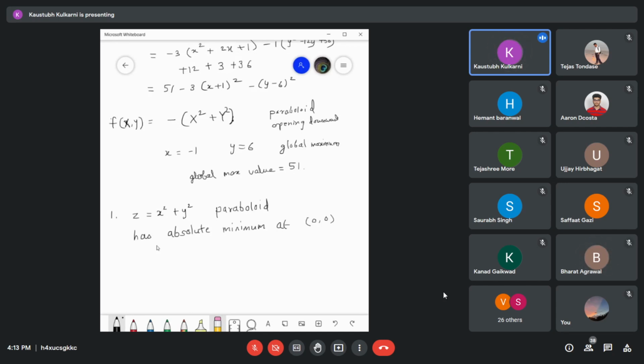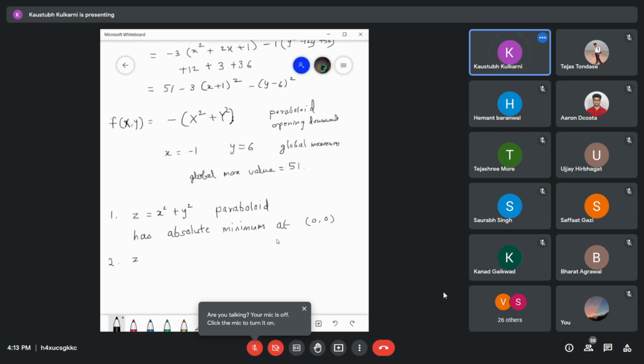So if the given function can be expressed as a sum of two square terms, then it has an absolute minimum at x equal to 0 and y equal to 0.